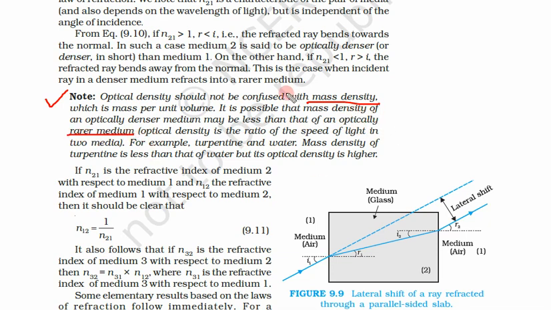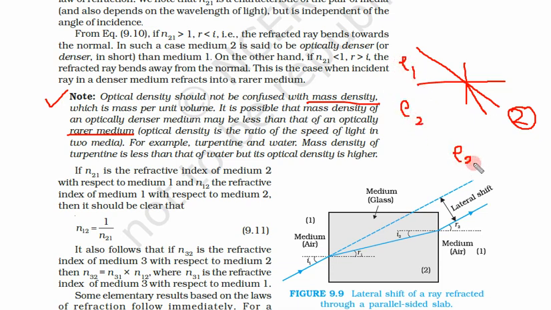So suppose this material too is optically denser. Light was initially in this direction, so light is bending towards this direction, but this is rho 2 and this is rho 1. So they are saying this rho 2 may be less than rho 1. So optical density is not the mass density.